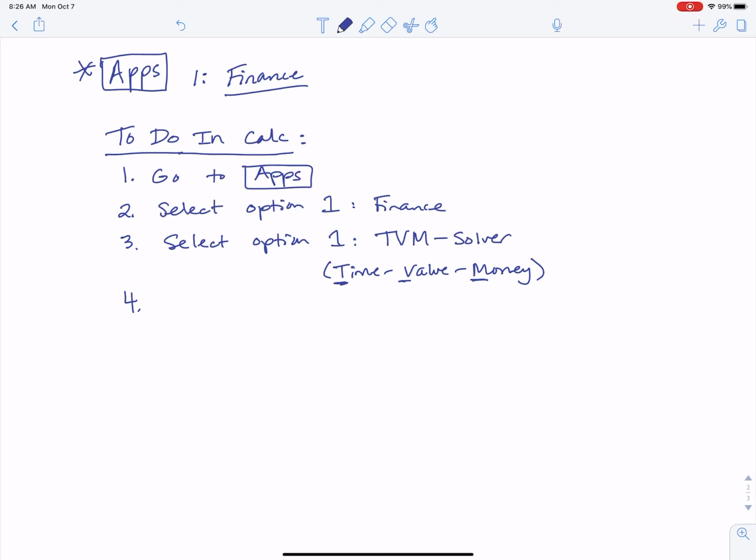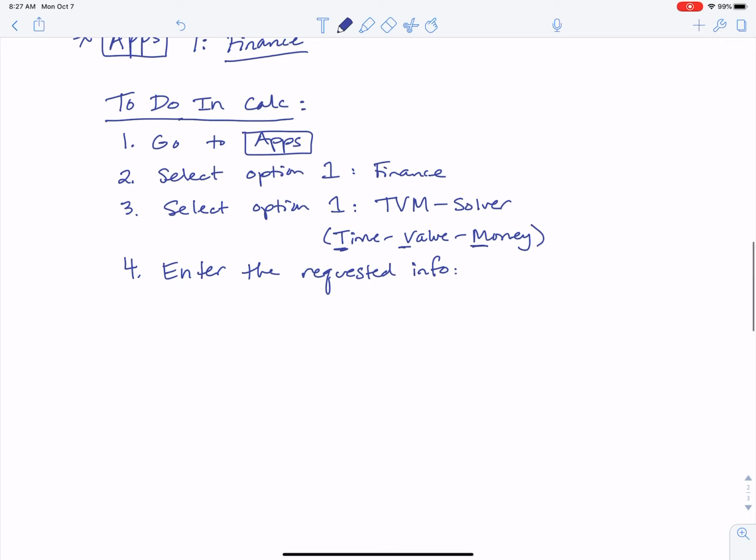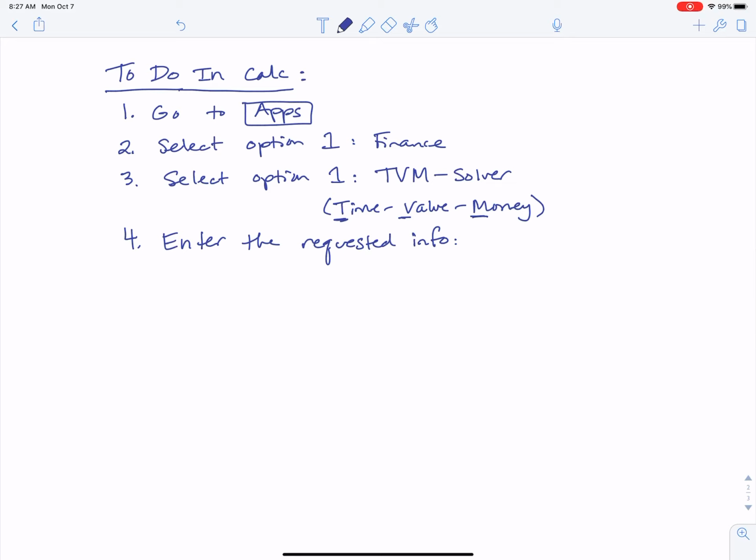All right, and once you look at that, there is a whole list of things in there that the calculator is wanting from you. So the next thing is to enter the requested info. All right, so we are going to just write down what that information is.